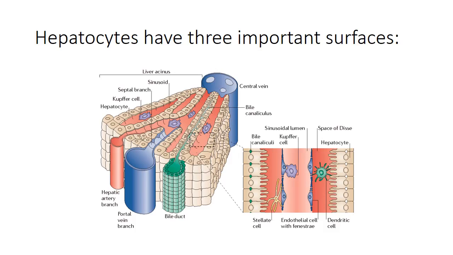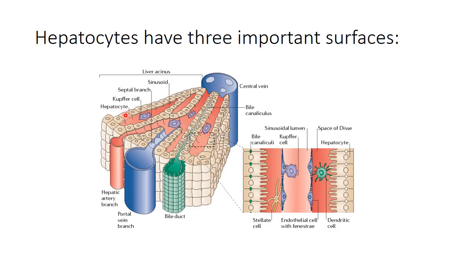If we look closely at the hepatic lobule, we can see that each hepatocyte, each liver cell, has three important surfaces. The first surface is called the sinusoidal surface, which accounts for approximately 70% of the total hepatocyte surface.